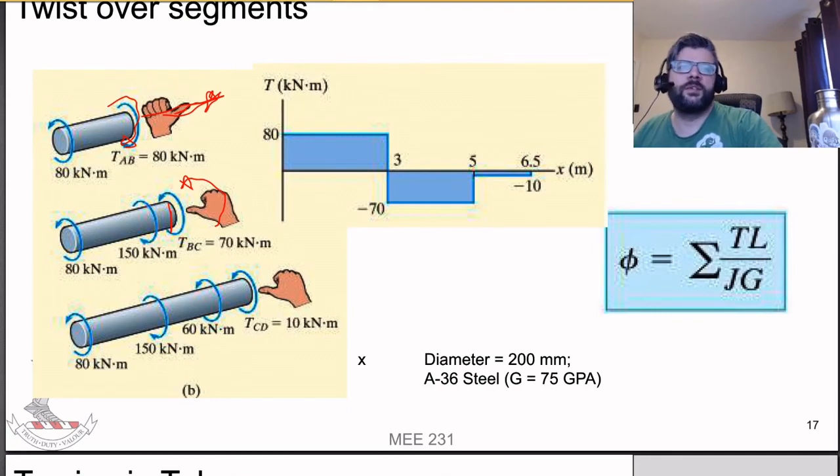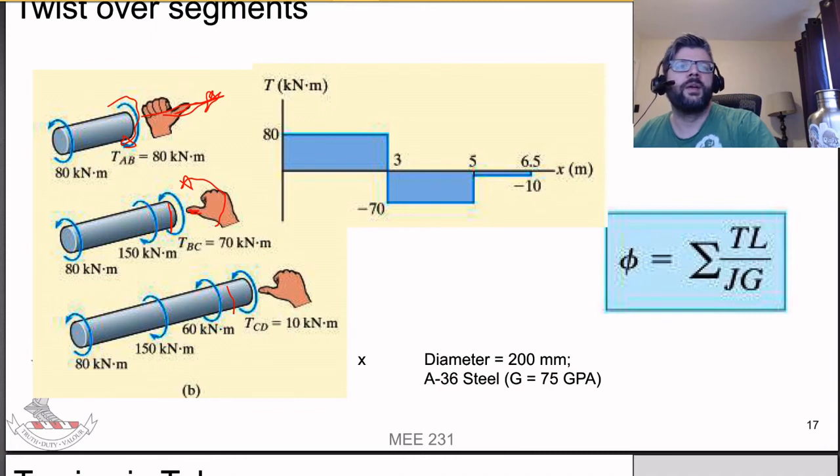So it's going to be a negative 7. The magnitude of the torque there is going to be negative because of that. And then again, same deal on the other end.